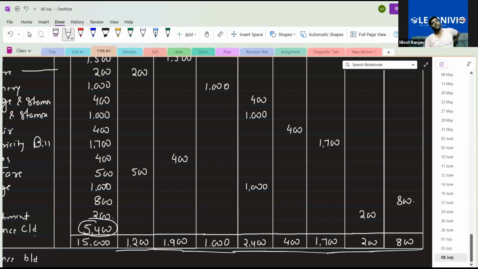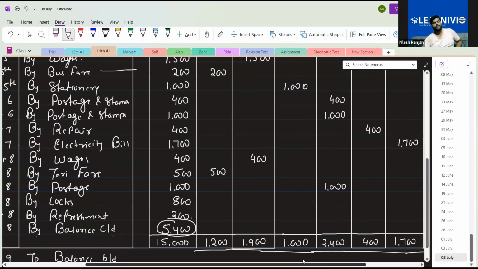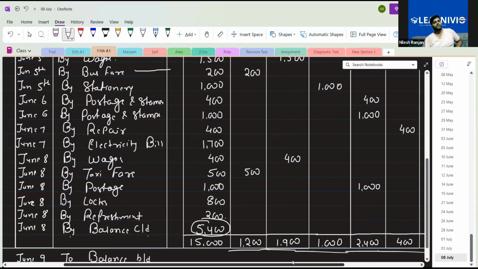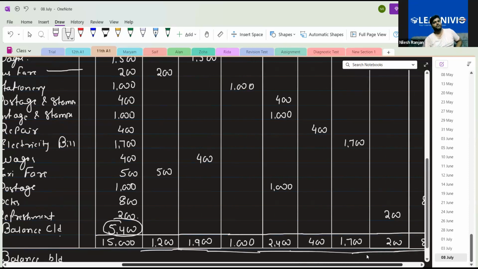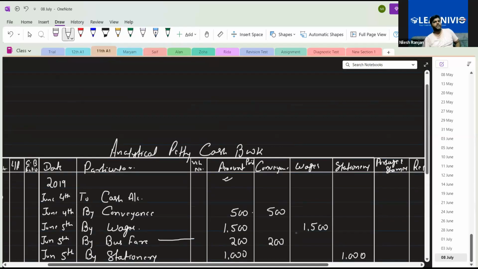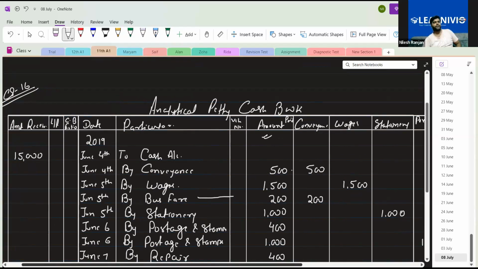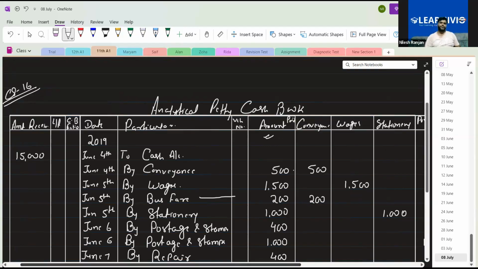Tell me. Now you understood this petty cash flow part? Yes, sir. You want to write this? Because it will be very difficult to take the screenshot.